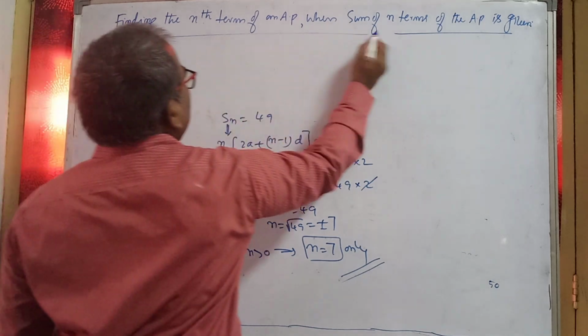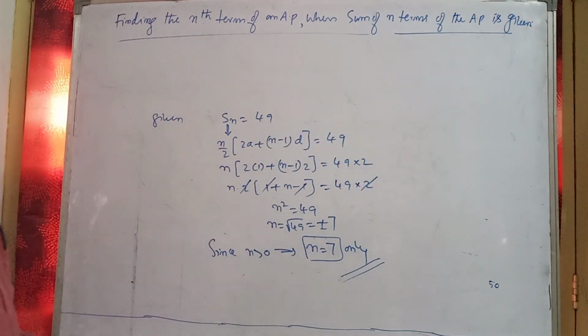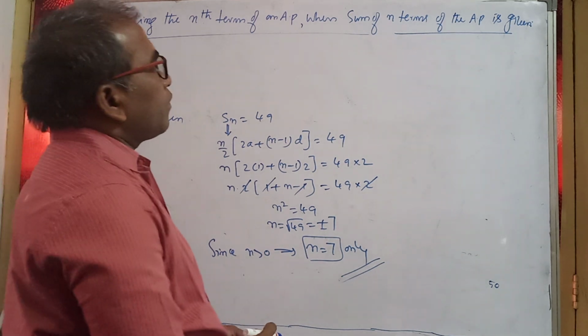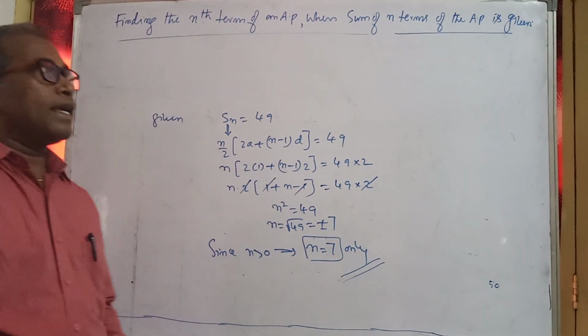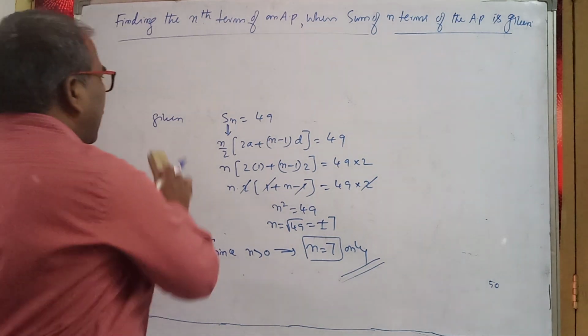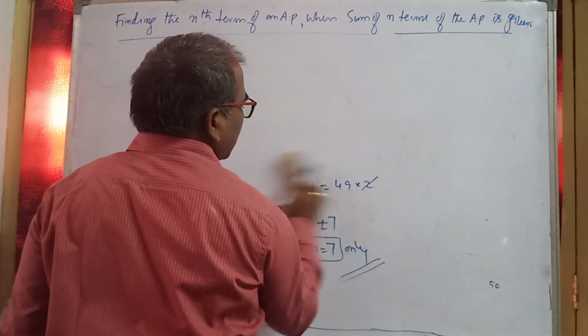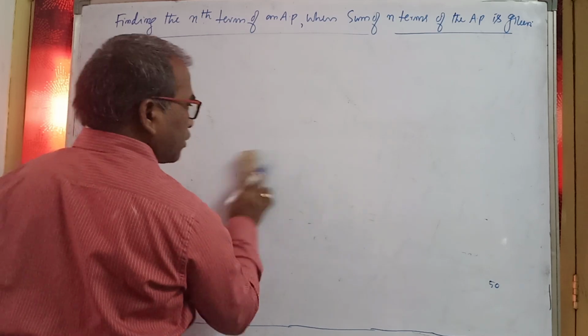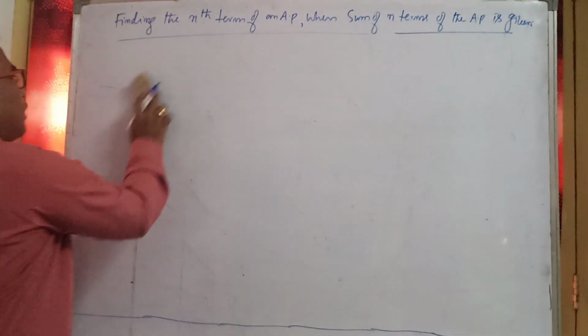See, this is finding the nth term of an AP when the sum of n terms of the AP is given. Okay, so how to find this? Let us see here.